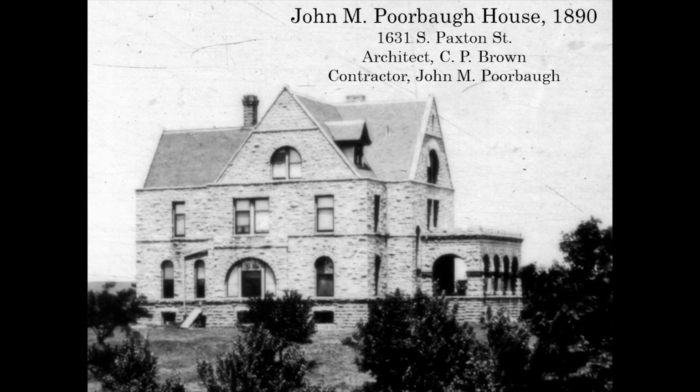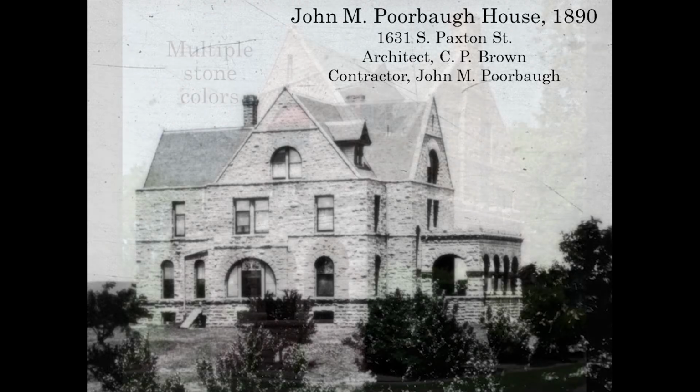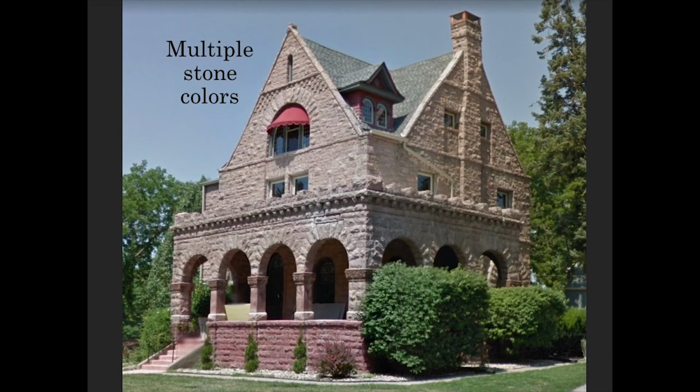John Milton Porbaugh built this house in 1890 at 1631 South Paxton Street. This structure was designed by Charles Porter Brown and built by the owner, who was a contractor, John Milton Porbaugh. Here's a color image of this house, and this is where I want to bring something to your attention, that even though these buildings were all stone, sometimes multiple colored stones were employed.